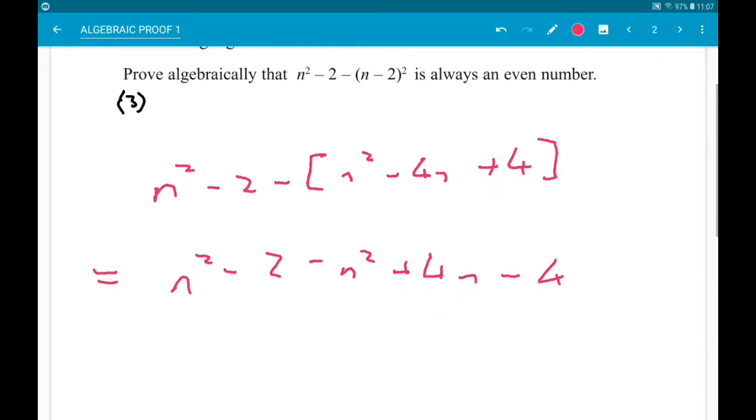So the n squareds cancel out. So we get left with 4n. And then we have minus 2 minus 4. So that's minus 6.